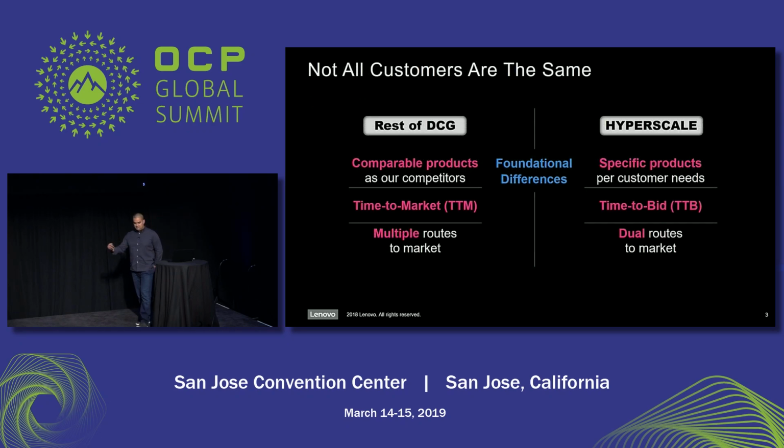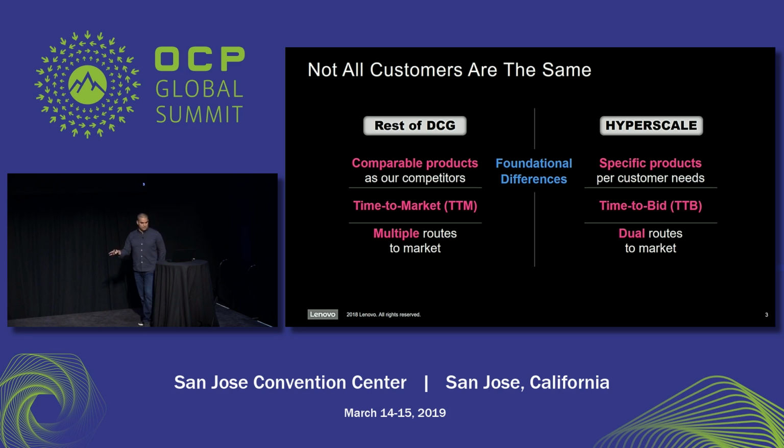So the way that we've organized ourselves to attack this market, we've done in a few different ways. I'll talk about how we handle the rest of the enterprise business first, and then how hyperscale is different.